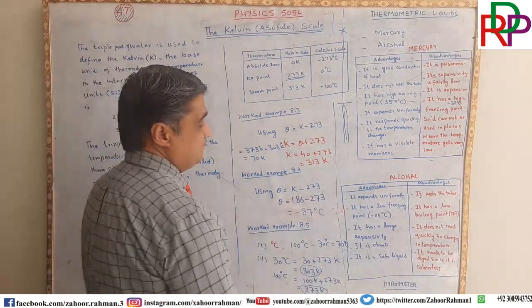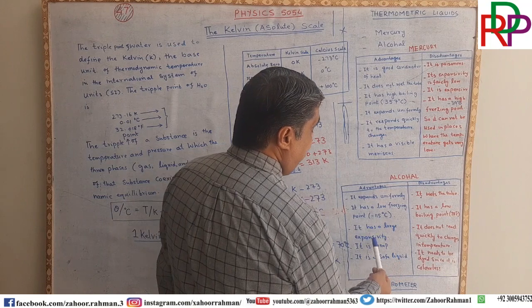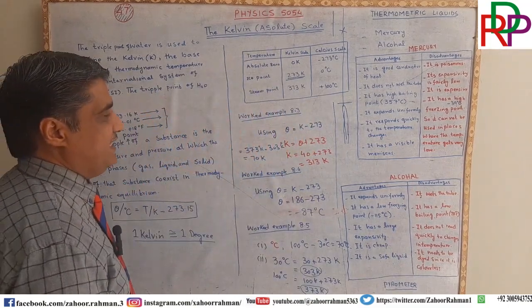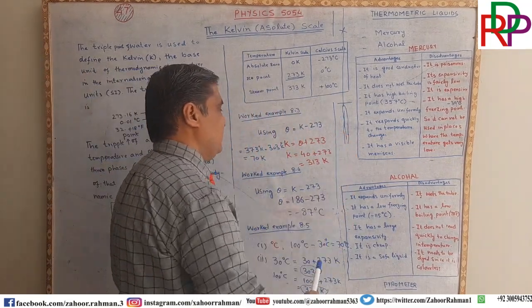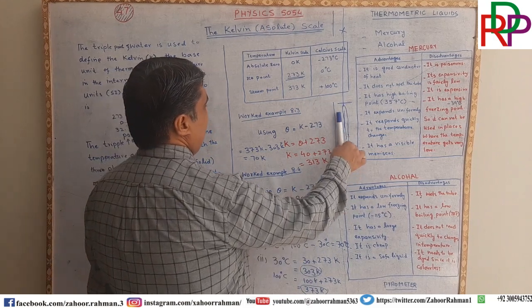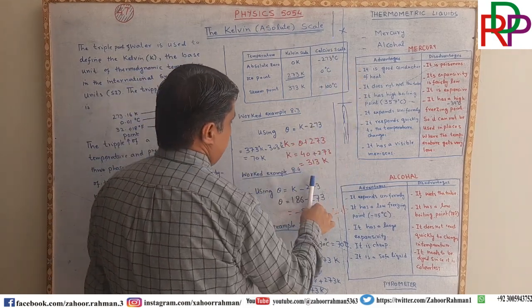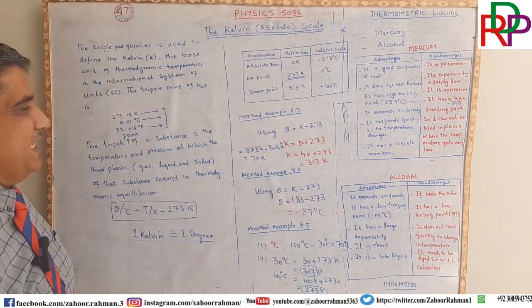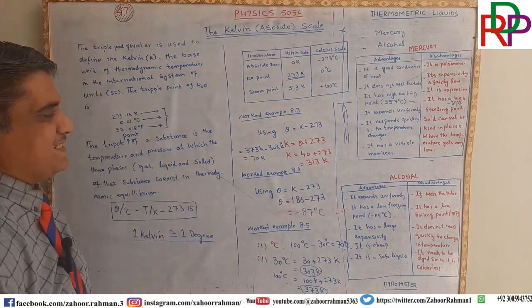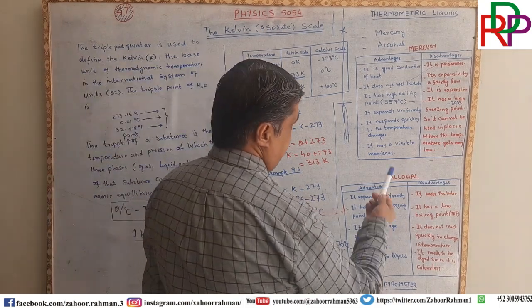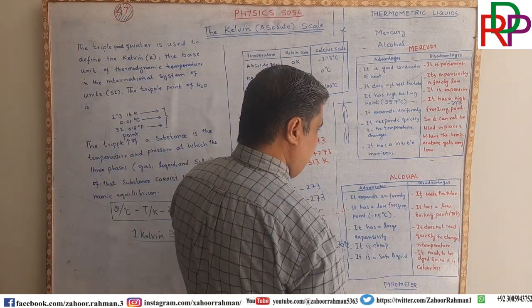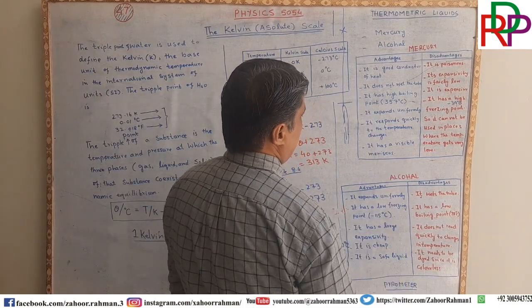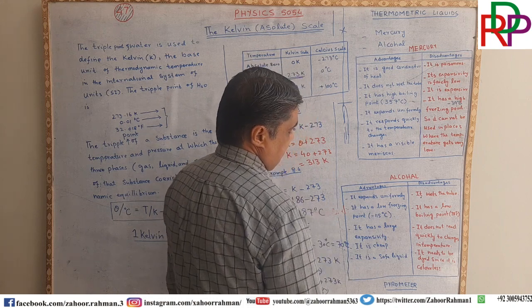the alcoholic thermometer. It has large expansivity, as in the case of mercury it was low expansivity. It can be expanded to a large extent. So we can record very large temperature differences.